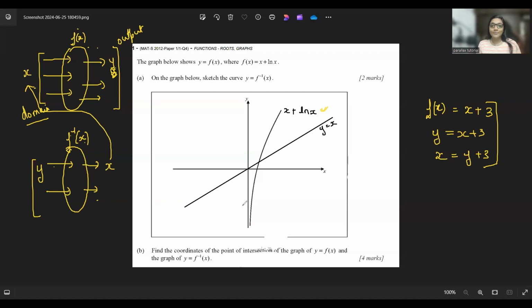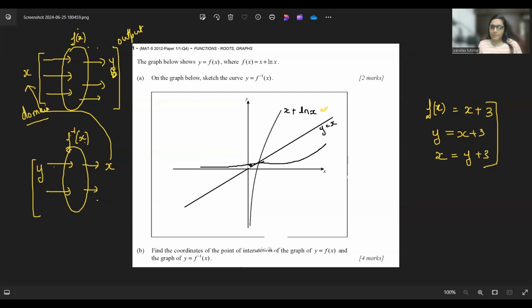I hope this is clear. Now, the question is on the graph below, sketch the curve of f inverse of x. Now, here comes the beautiful part. So, the inverse of a function would be reflected along the line y is equal to x. So it will be something of this sort.